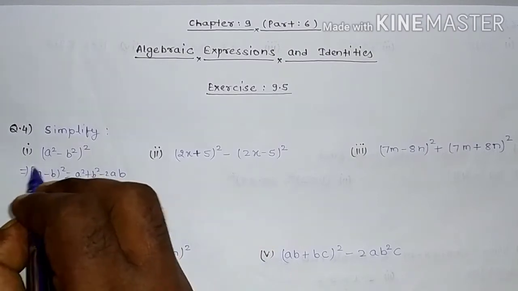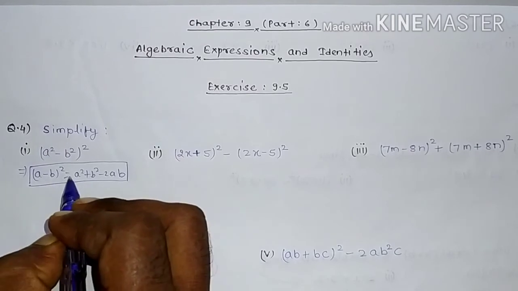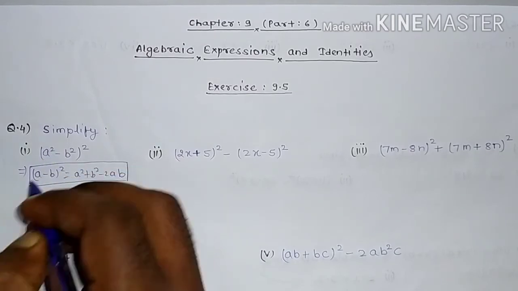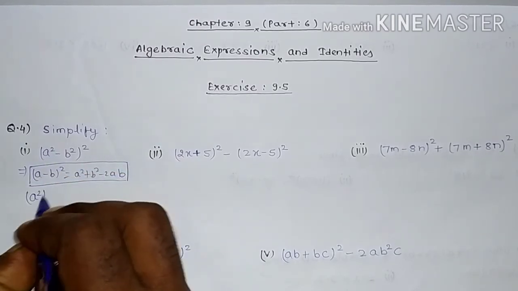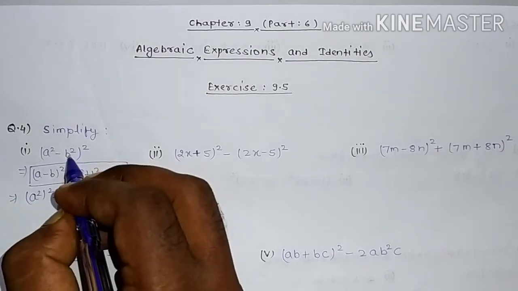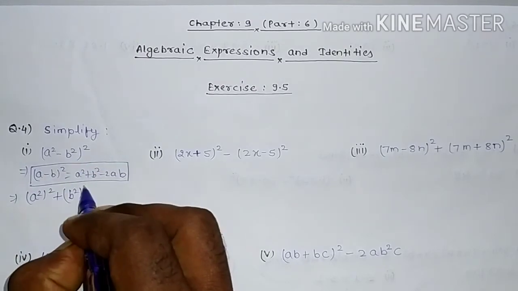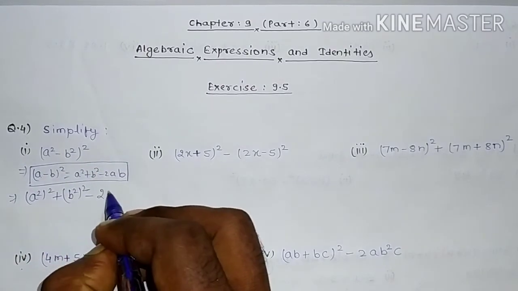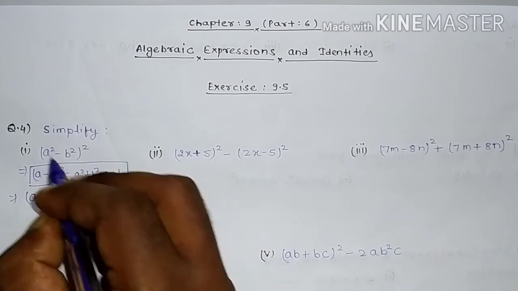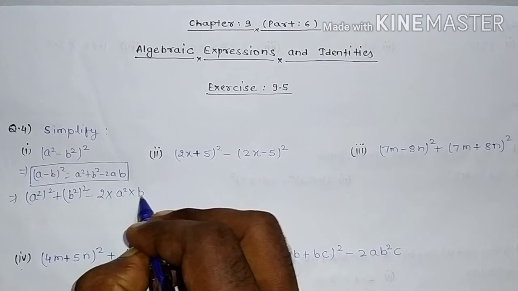So a square, that means a square to the whole square, plus b square, so b square to the whole square, minus 2, a is a square and b is b square.